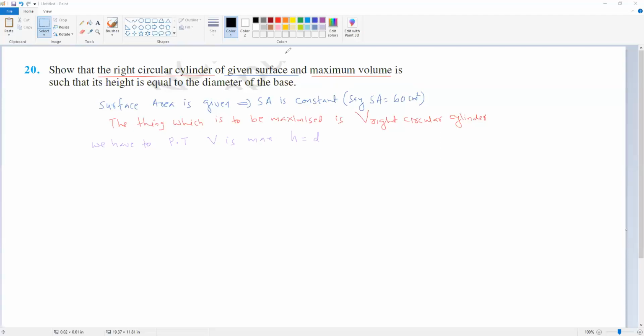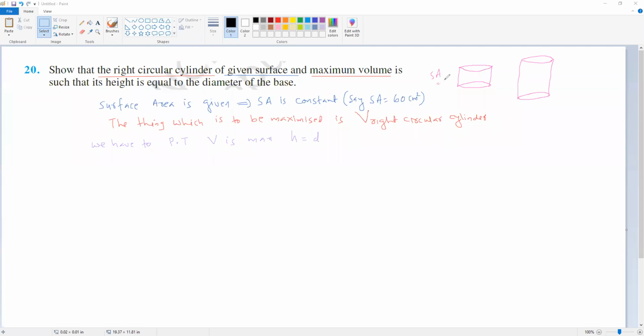So surface area is given. So with the given surface area, we can have different cylinders. Maybe the cylinder is like this, or it may be like this. We don't know. Only thing is surface area is constant.